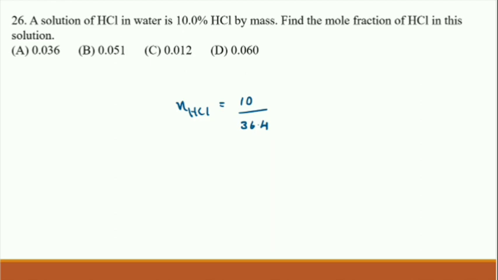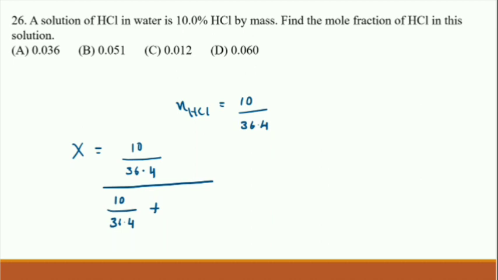And mole fraction is the number of moles of HCl divided by the number of moles of HCl plus the number of moles of water. So 10 by 36.4 divided by 10 by 36.4 plus the number of moles of water. 10% HCl means water will be 100 minus 10, 90.